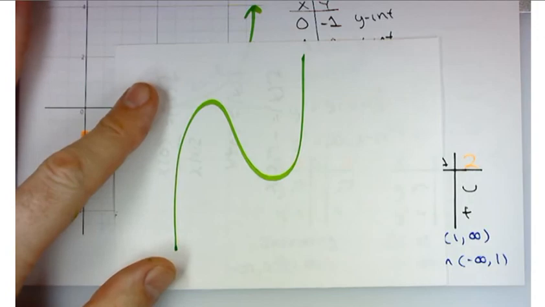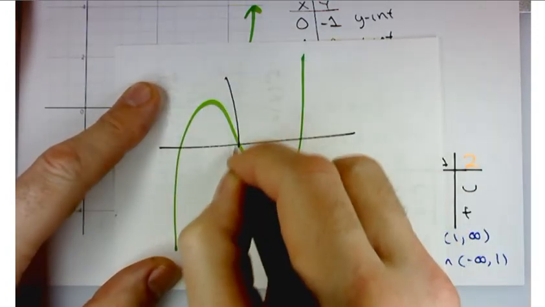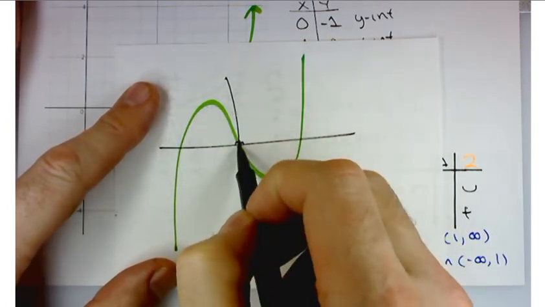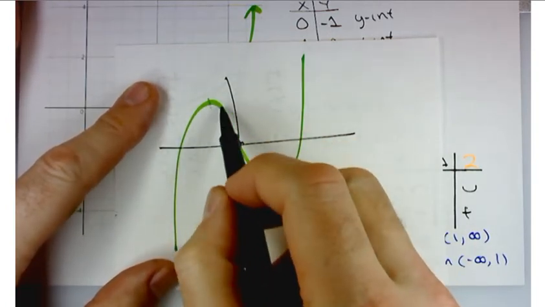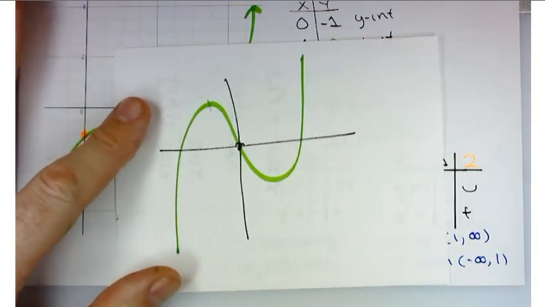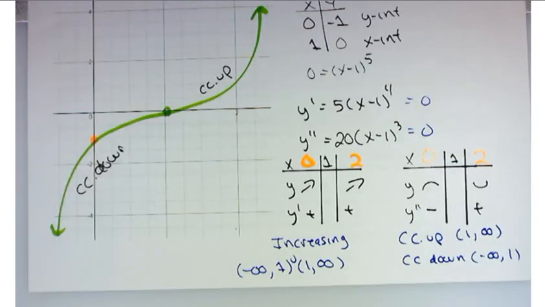A function like this is concave down until you get to 0, but here it's decreasing even though it's still concave down. So concavity doesn't necessarily match where it's increasing or decreasing. It's okay. You're not alone.